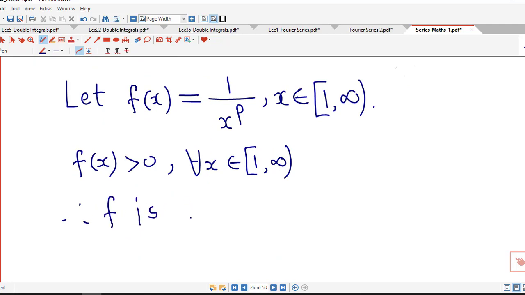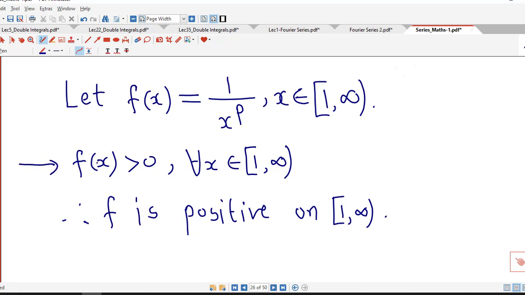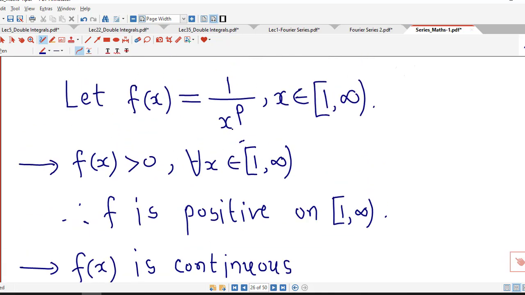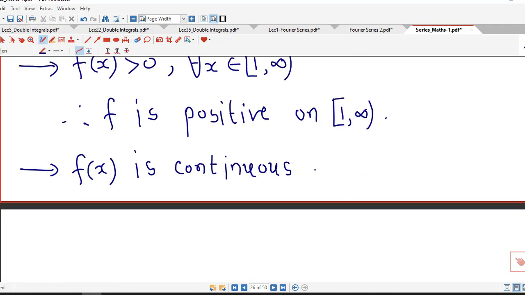Therefore f is positive on [1, infinity), and it is clear that the function is continuous because 1 is continuous, being a constant function. x raised to p, being a polynomial function, is continuous, and x raised to p will never be 0 for any value of x. Therefore this function is continuous on [1, infinity).